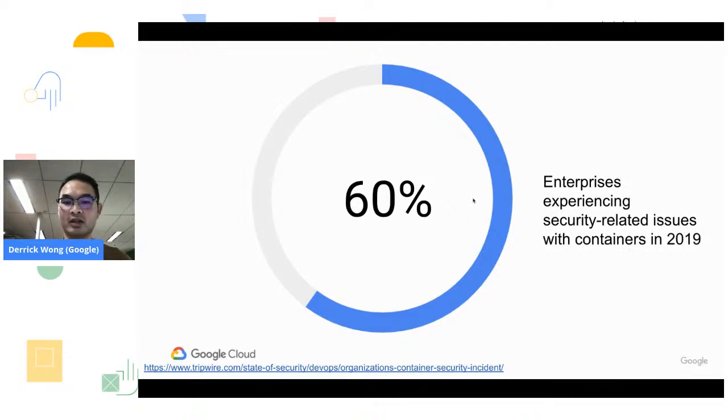They're in the journey of adopting these container or cloud technologies. So quite a large number are actually suffering from security-related issues with those container images and the container platform and the applications.